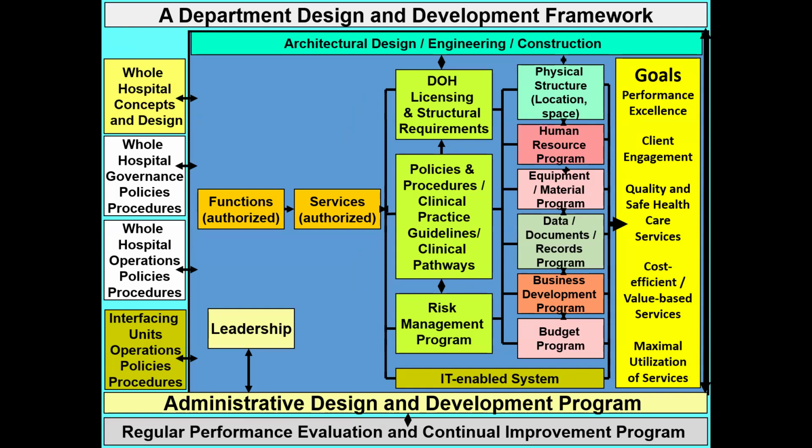So, leadership is one component, then authorized functions, authorized services, then the goals, architectural design, engineering and construction, physical structure, Ministry of Health or Department of Health licensing and structural requirements which must be complied with, policies and procedures, risk management program, human resource program, equipment and material program, data, document and records program, business development program, budget program, IT-enabled system.